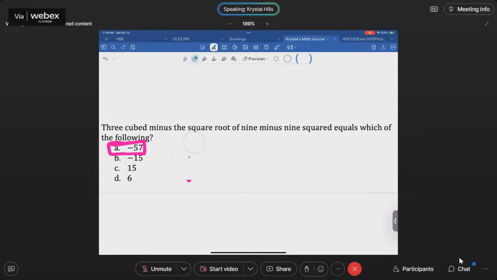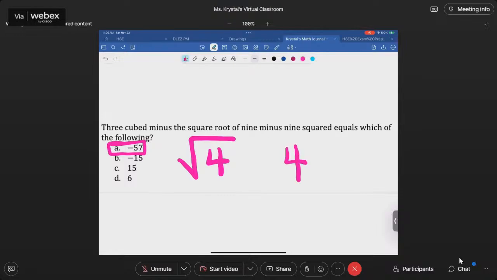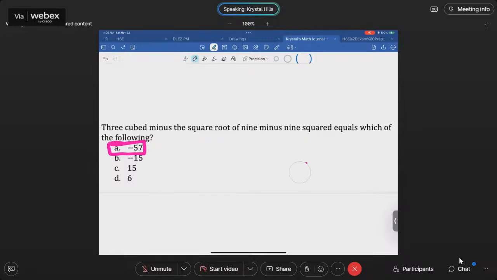If we say square root, it looks like this. But squared looks like this. Know the rules, be comfortable with the rules, and you will make it out on top.